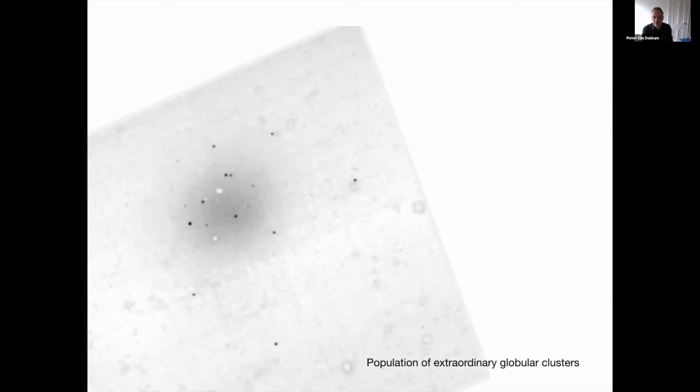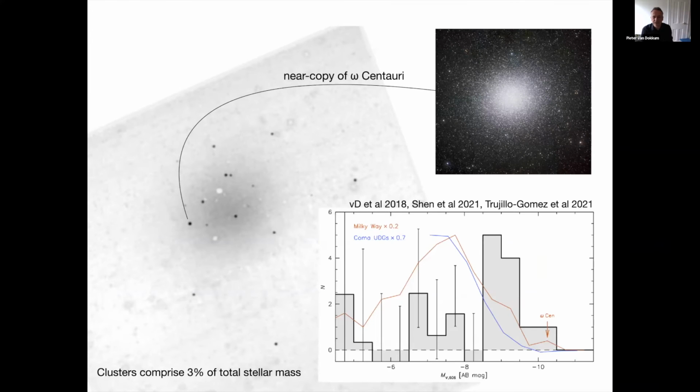And then here are these globular clusters. This image is enhanced in such a way that point sources are emphasized. You see these dots, not as many as in Dragonfly 44, but still many more than you'd expect for this stellar mass. The other weird thing about this galaxy is that the globular clusters are very bright.